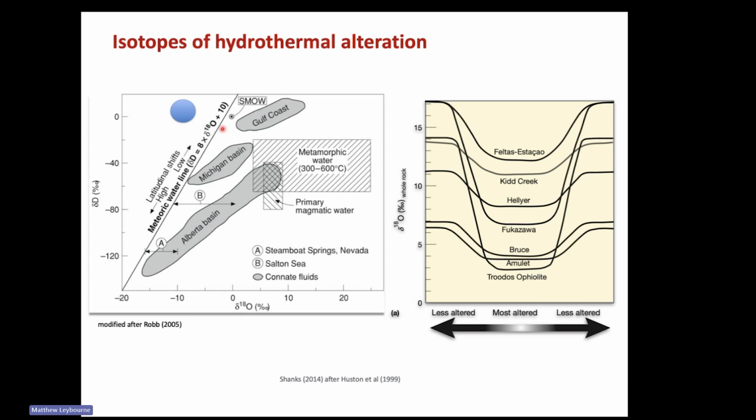And then as it heats up, it's going to trend more and more towards the primary magmatic value. And so the more seawater that's fluxed through the rocks, the greater the water-rock ratio, so the lower the isotope value will be in terms of oxygen isotopes. So the higher the alteration, the lower the oxygen isotope value will be.